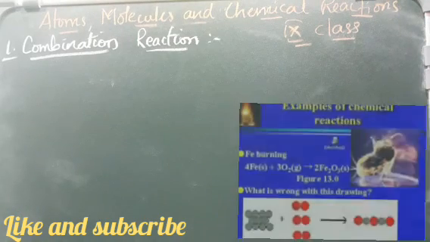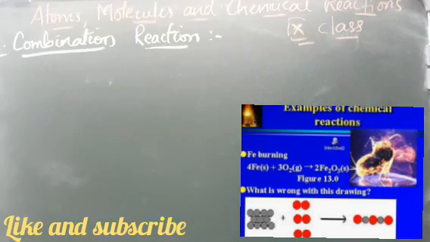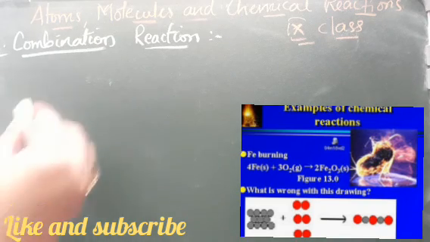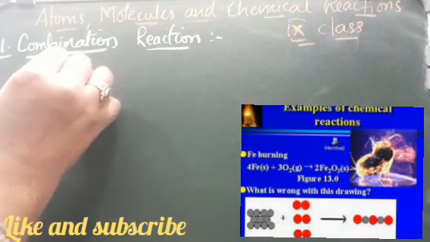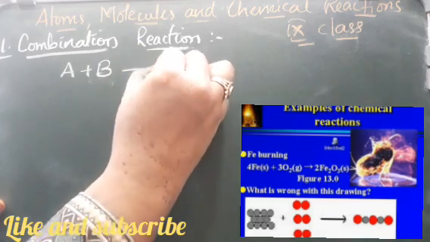So the first reaction is combination reaction. As we already know, in a chemical reaction, one or more reactants react with each other and give one product.